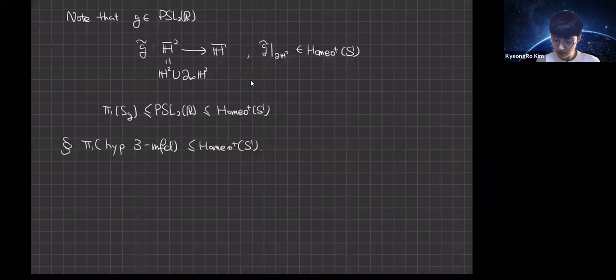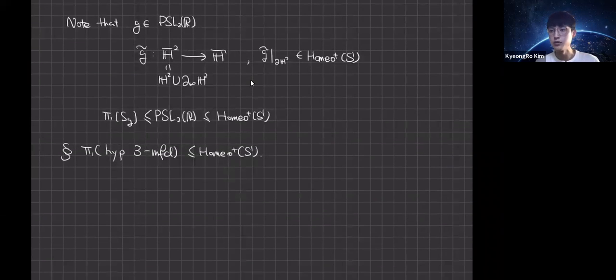Actually, by the virtual fibering theorem, every hyperbolic three manifold has a finite cover which is a mapping torus of some surface with some pseudo-Anosov monodromy. So I'd like to talk about the hyperbolic mapping torus case.